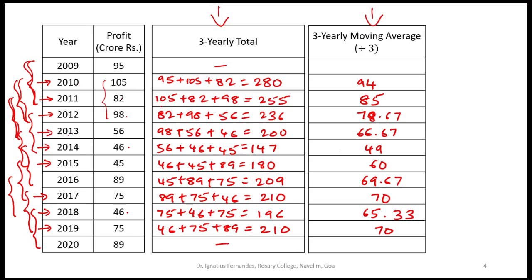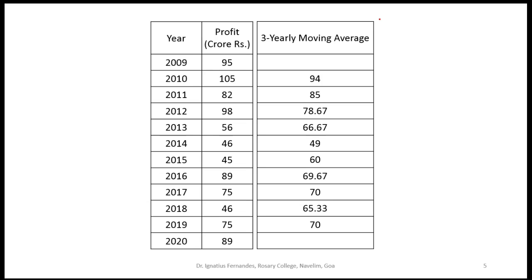What I want is precisely the 3 yearly moving averages. So finally what we have is something like this. So we have found out the 3 yearly moving averages. These are the actual profit values, and these are the 3 yearly moving averages.